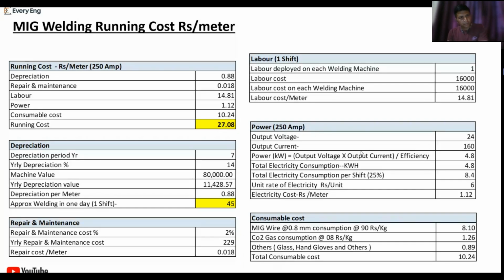The same elements apply. First is depreciation. We calculate a 7-year depreciation, maybe 15%. I think this is wrong. Machine value is 80,000, and per year is 11,000.